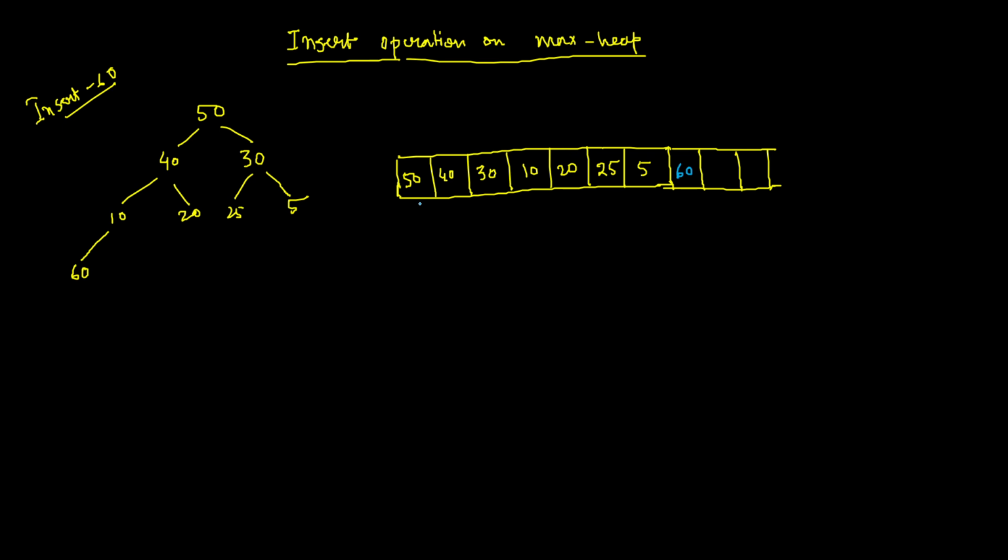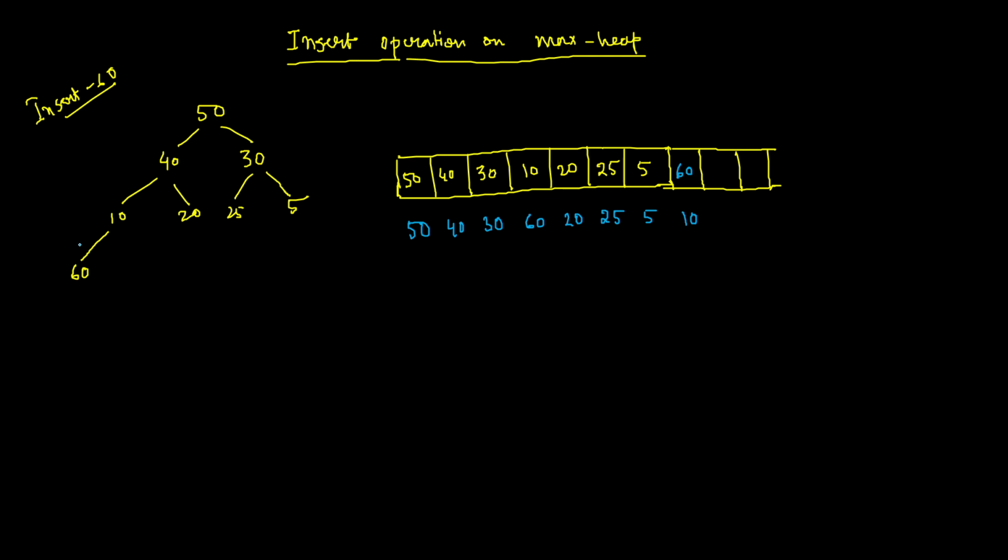So the updated array will be something like 50, then 40, then 30, then instead of 10, 60 will come, and 20, 25 remain the same, 5 will remain the same, and here the 10 will come, right?